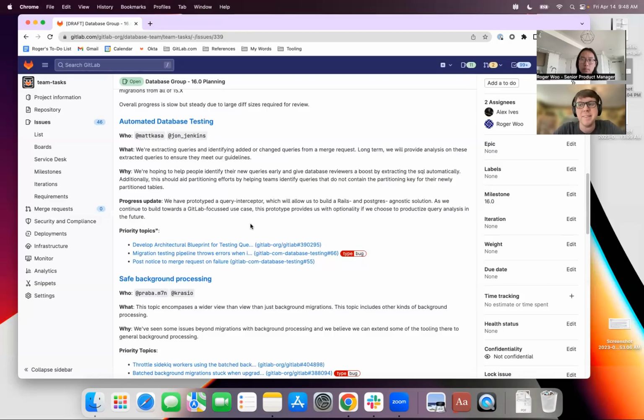The other thing we're hoping is that it'll alleviate some of the pressures on individual authors as they're writing their changes, because the database review process can be very intensive. So instead of folks having to self-identify, we'll hopefully be able to automate away a lot of the heavy lifting there.